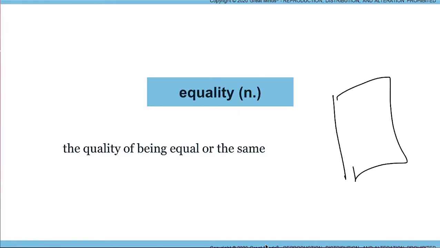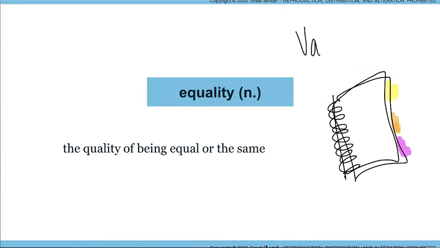So in your notebook that looks just like my drawing, open up to the vocabulary section. My vocabulary section is yellow. I'm not sure if you still have a vocabulary section in your notebook or if we even have the same color. Totally fine. Just make sure you open to the vocabulary section.